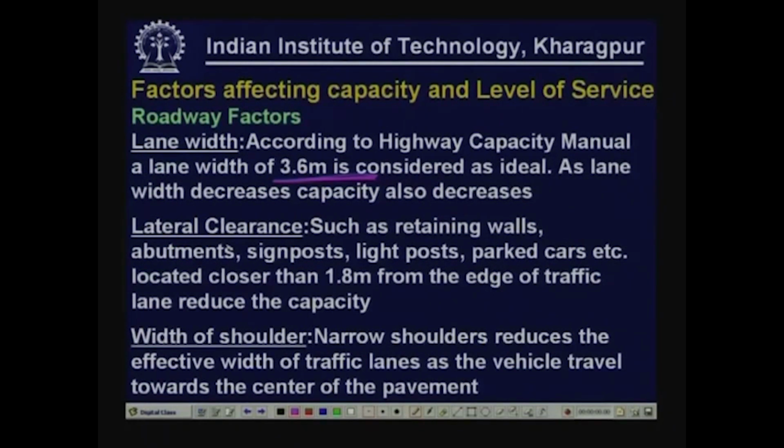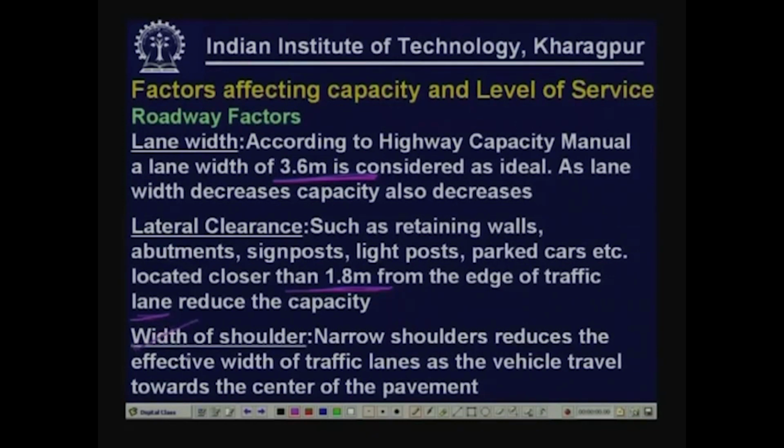Similarly, lateral clearance: obstructions such as retaining walls, abutments, signposts, light posts, parked cars, etc., located closer than 1.8 meter from the edge of traffic lane. If the lateral clearance is less than 1.8 meter, then those obstructions will influence capacity, and no doubt capacity will be reduced.